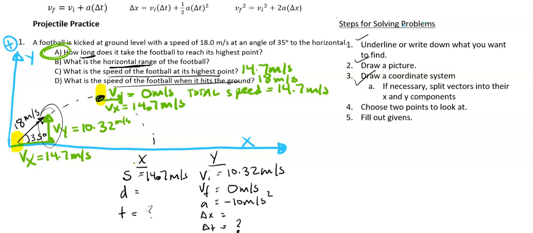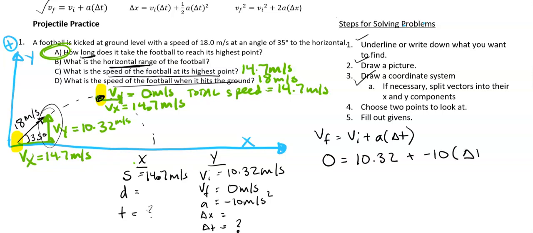So I go ahead and look at where do we know more information, the x or the y? Well, it looks like we know a lot more in the y direction. So let's go ahead and pick a handy dandy constant acceleration equation to find time. So I'm going to choose that first good old equation. So we have Vf equals Vi plus A times delta t. So Vf is 0, Vi is 10.32 plus -10 times delta t.